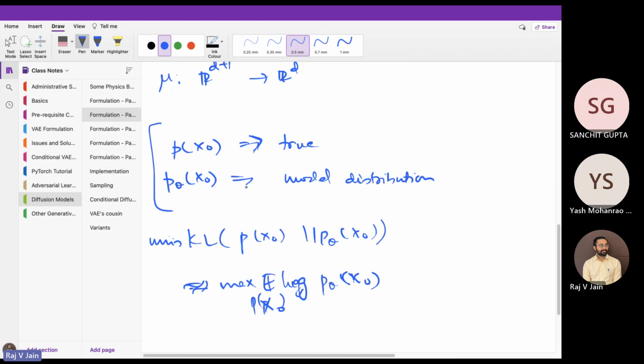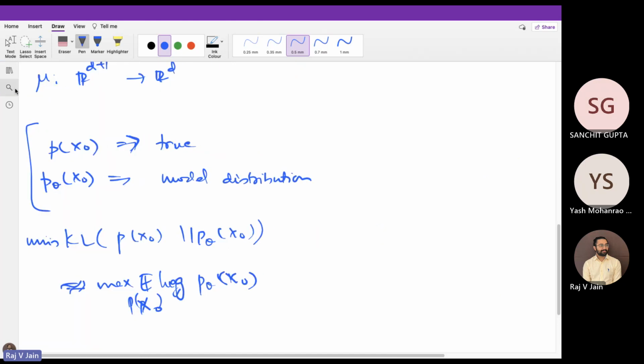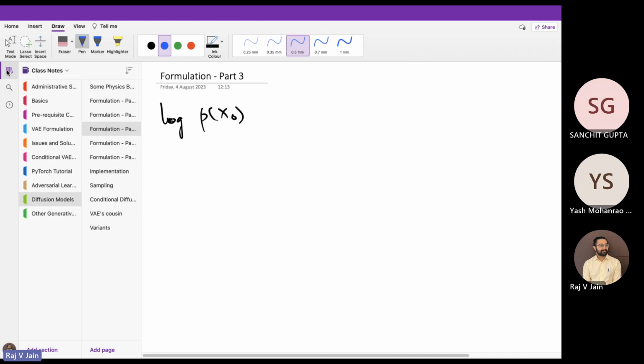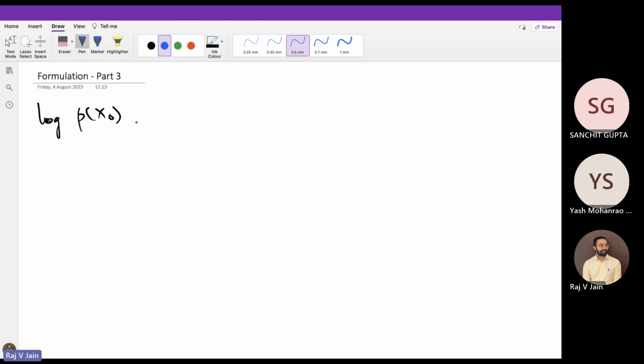So now we'll derive that here, and this is where the math gets interesting. We'll do the same thing. First of all, we had x naught, x1, until x capital T. This is what we have in P theta of x naught. So how would we write this P theta of x naught in terms of this joint distribution?